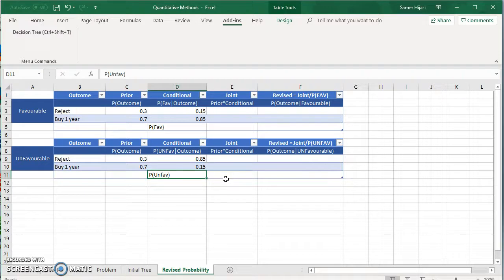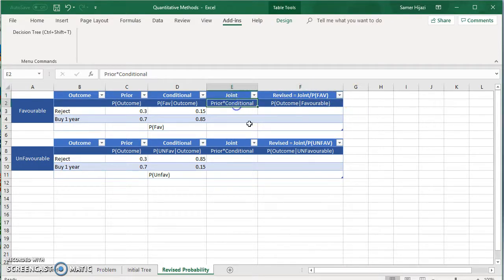The second step in Bayes theorem, as we're doing it here in the table, is to find what we call the joint probability, because the revised probability, which is the probability of outcome given favorable, is basically the joint divided by the probability of the given. Okay, so this is conditional probability. It's always the probability of the outcome and the given divided by the probability of the given.